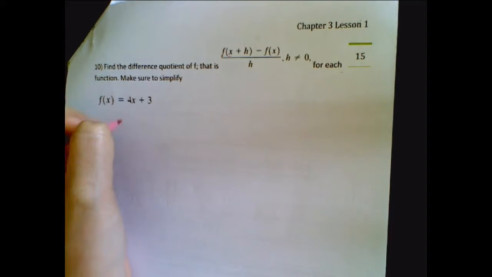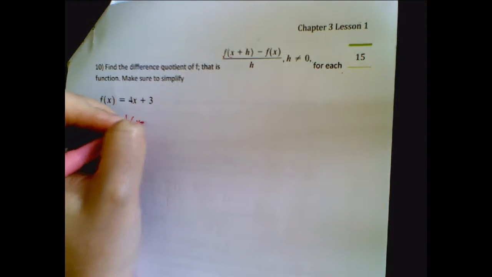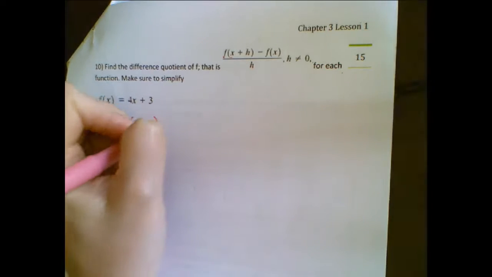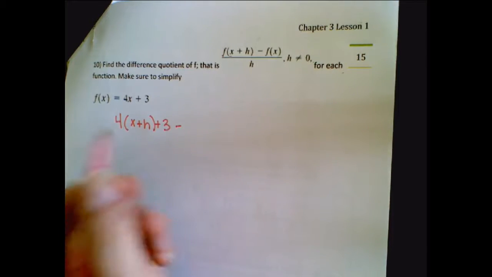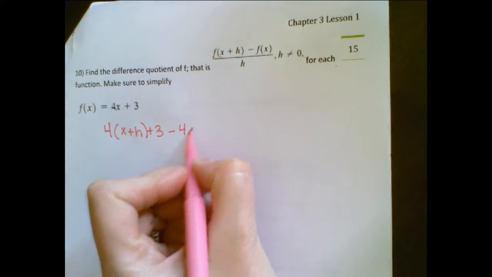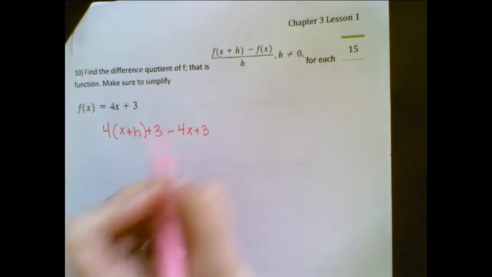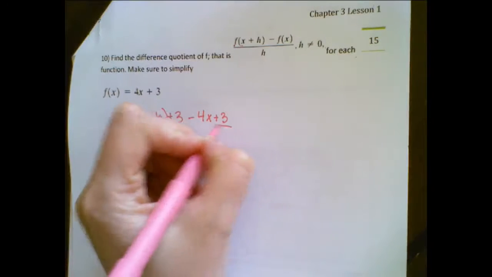So we come here, we're going to have 4 times x plus h plus 3 minus our function, which is the 4x plus 3. All of that then is going to be over h.